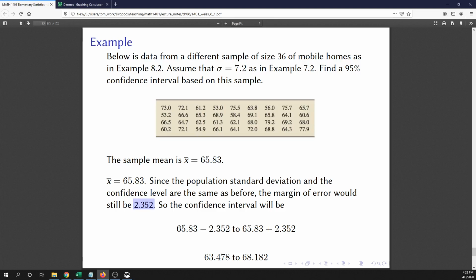So the confidence interval would be the sample mean minus the margin of error to the sample mean plus the margin of error. And you can see we'll get a different confidence interval for a different sample. So the confidence interval is going to change potentially from sample to sample as well. It's not like there's one confidence interval. For every sample that you take, you can get a confidence interval.